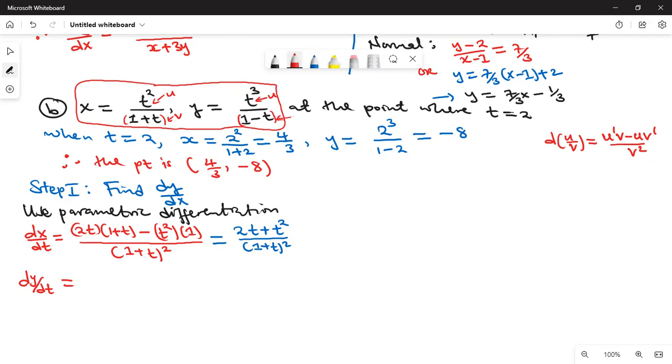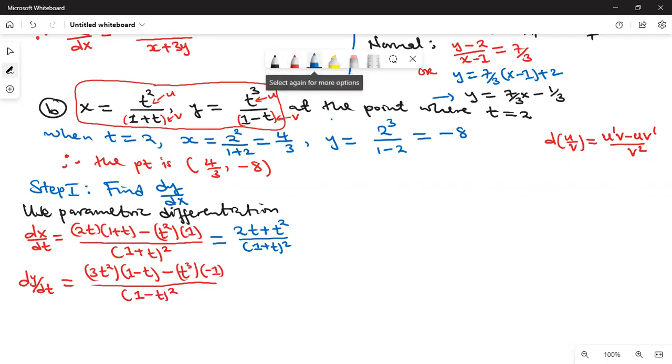U prime is 3t squared times v, which is 1 minus t, minus u, which is t cubed, times v prime, which is negative 1, everything over v squared, and that would be 1 minus t, the whole of that squared.